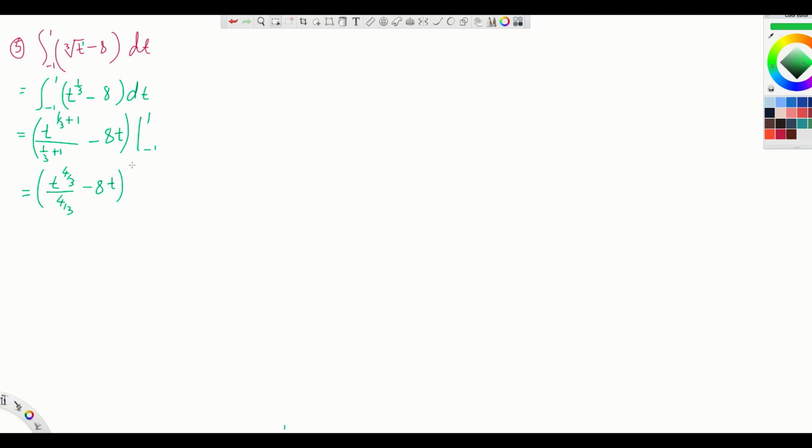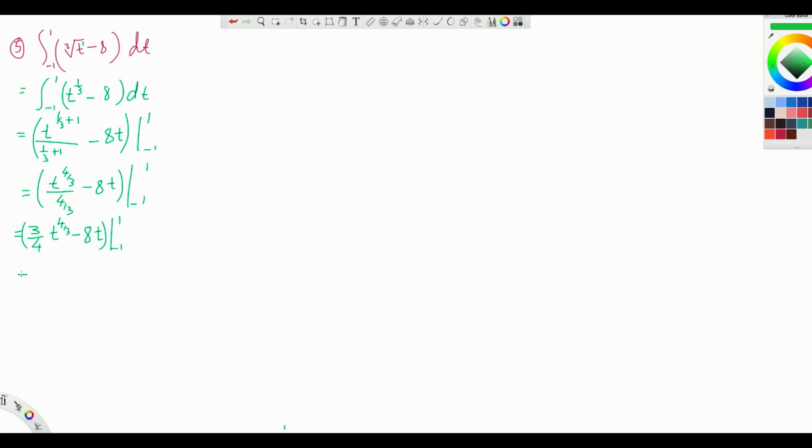Again, the limits of integration are -1 through 1. So let us write it in a nice form. So how do I write this fraction in the denominator? I write 3 over 4, and then I write t to the 4/3, right? And then minus 8t, but the limits of integration are -1 through 1, right?